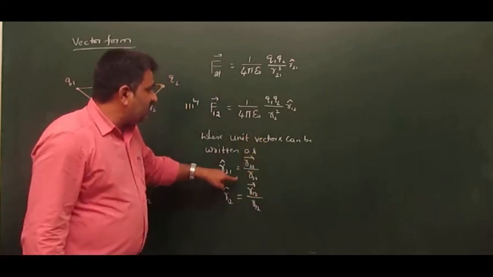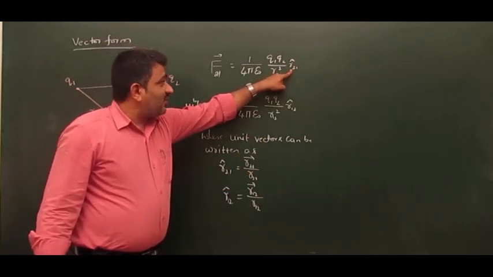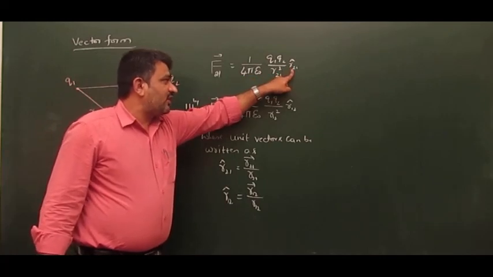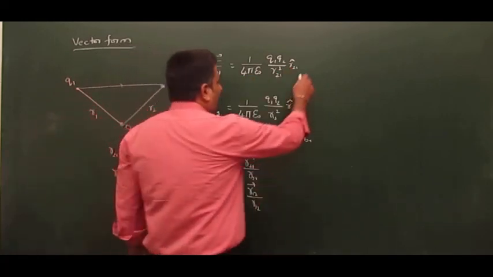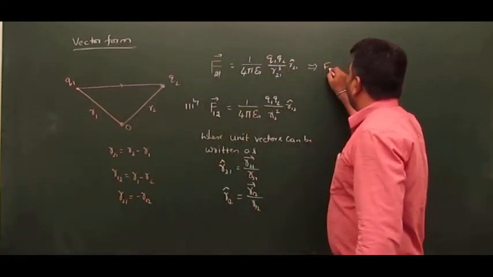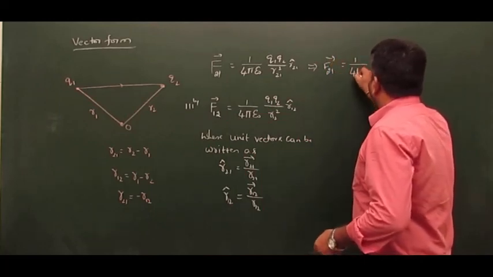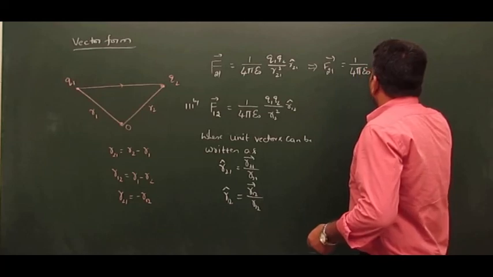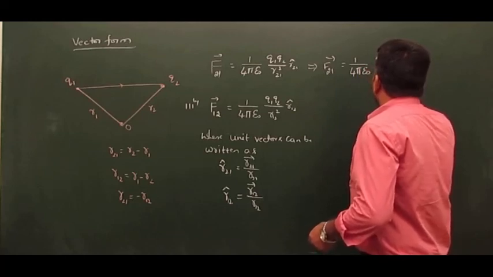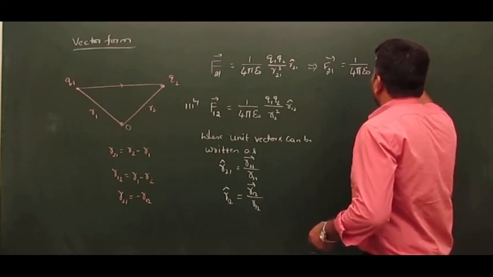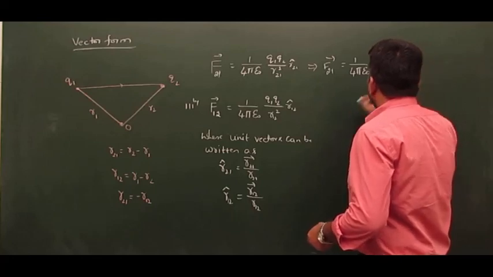By substituting these two values in the place of R21 cap and R12 cap, the force becomes F21 vector is equal to 1 divided by 4 pi epsilon naught into Q1 into Q2 divided by R21 cube into R21 vector.